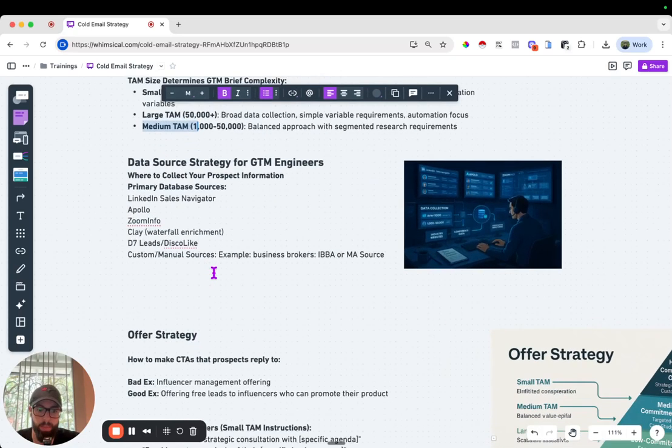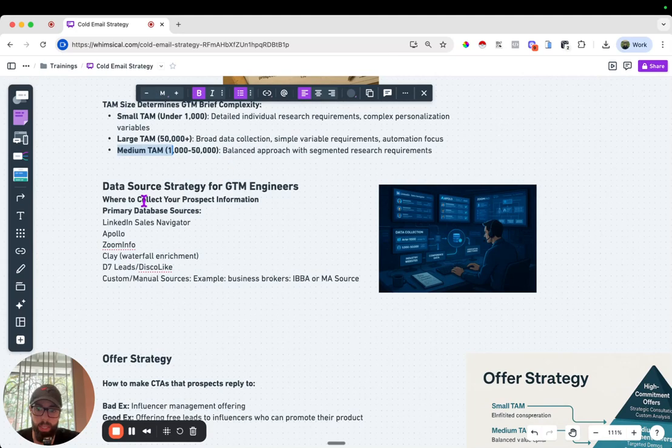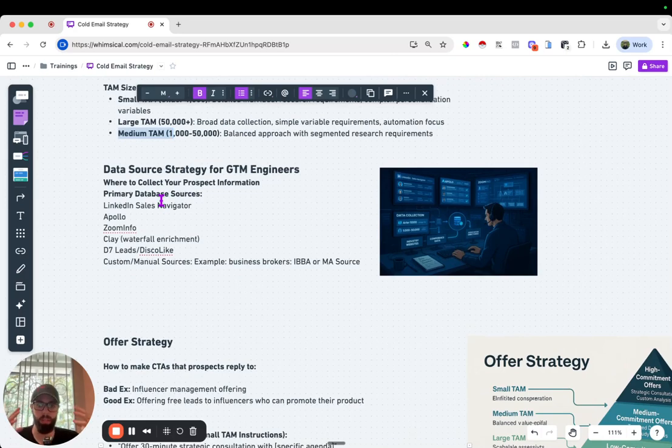So once you know exactly how many people are inside of your market, what I like to do initially is just start gathering all of that data. I pull everything into two separate tables. I'll have all of my contacts and then all of my companies. This helps me set up a single source of truth for every single company that I'm setting up cold email for.